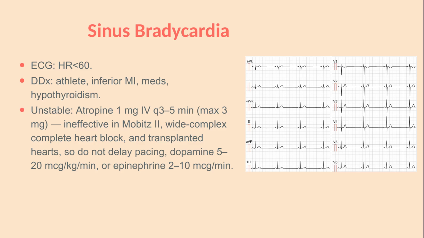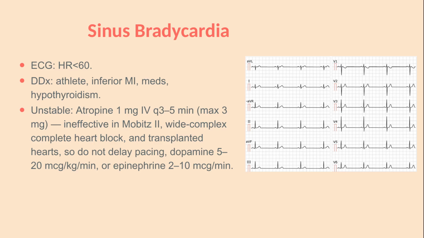Treatment is only for the symptomatic and unstable patient. Start with atropine, 1 mg IV, repeated every 3 to 5 minutes to a maximum of 3 mg. If atropine fails or the block is likely below the AV node, move to transcutaneous pacing. Vasoactive infusions are the pharmacologic bridge.